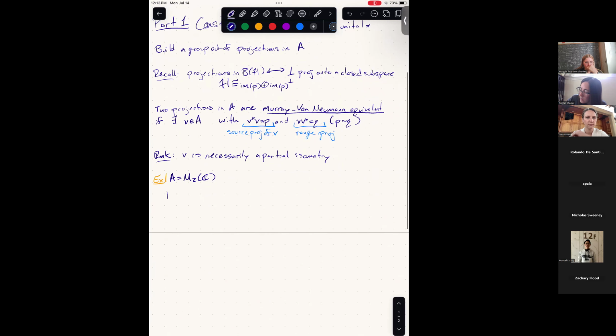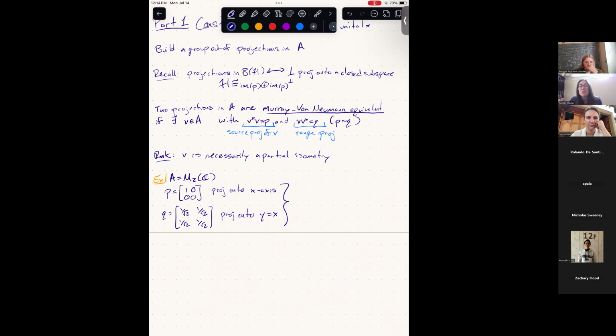Let's start with the matrix P, which will be 1, 0, 0, 0, which is projection onto the x-axis. And then the other one we'll look at will be Q, and its entries will all be 1 over root 2. And what this matrix does is it projects onto the line y equals x.